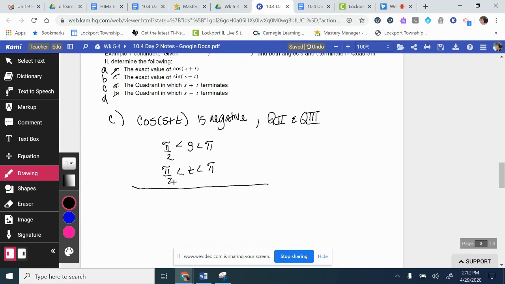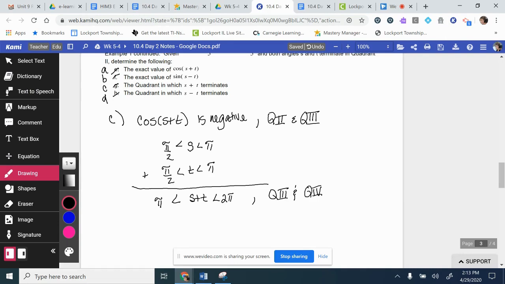And now we want to know what S plus T will be. It'll be in between pi and 2 pi when we add these together. That would mean it would have to lie in either quadrant 3 or quadrant 4.